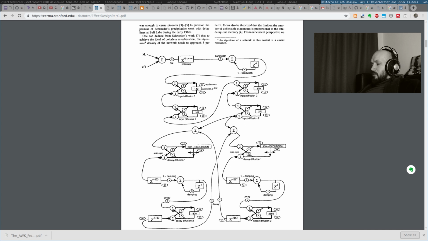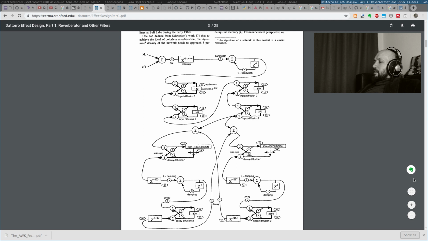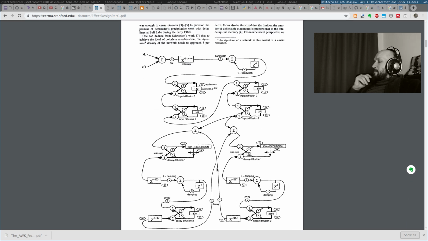So we have a sum of these two, and so on. If you're interested, try to calculate in your mind, and you will get this impulse response. So this is the first difference.